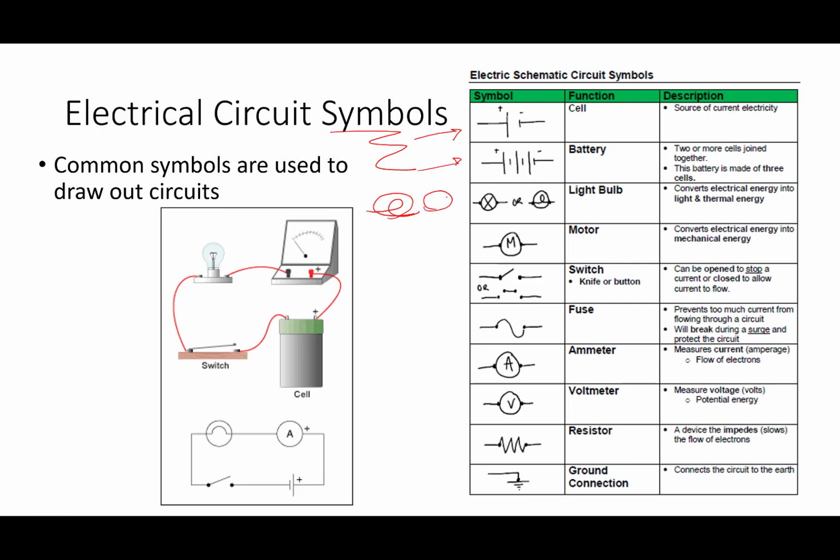Some people draw bulbs with an X. A motor, a switch, a simple switch can be like that indicating open, or like that indicating it is closed. A fuse is to prevent something from overheating, too much current going through a line. An ammeter, a voltmeter, which we will talk about, a resistor, and a ground.